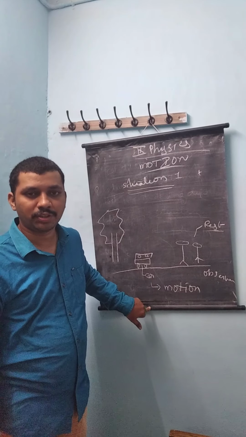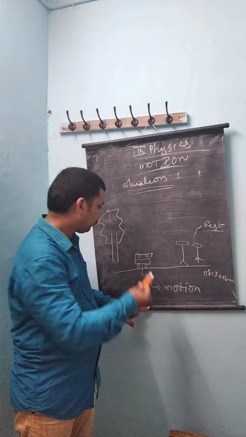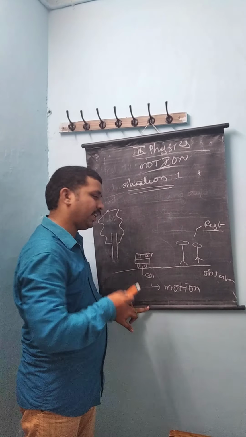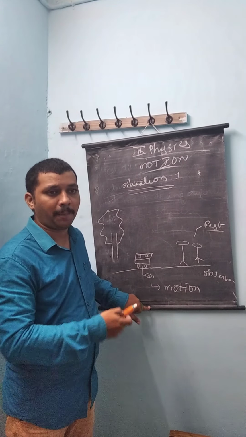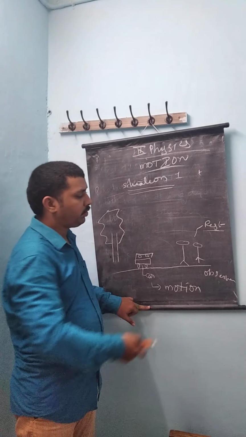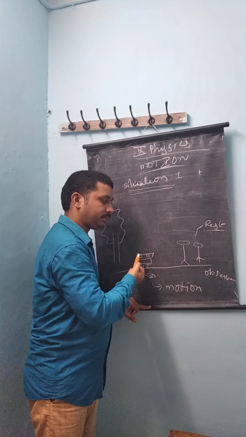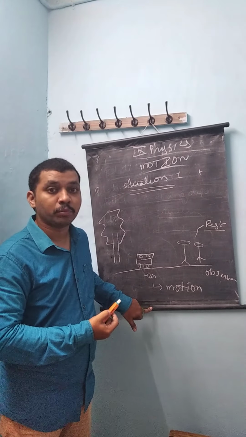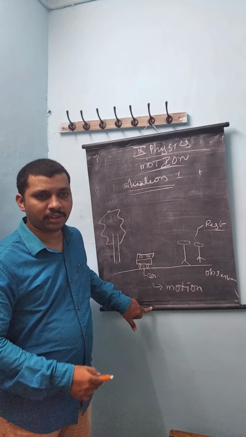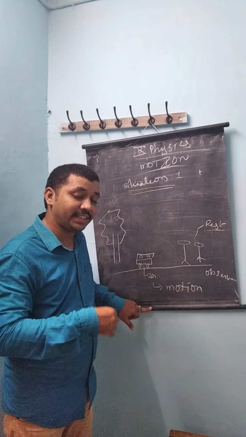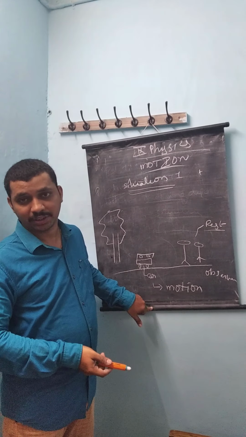Now we observe the car, consisting of a driver and a passenger. With respect to the observers, the car is in motion. How can we say that? Because the car has been changing its position continuously.